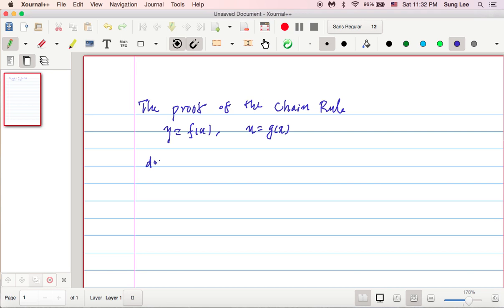Okay, so dy by dx, that's the limit. By definition, the limit, instead of h, I'm going to use delta x. So limit delta x goes to 0, delta y by delta x.